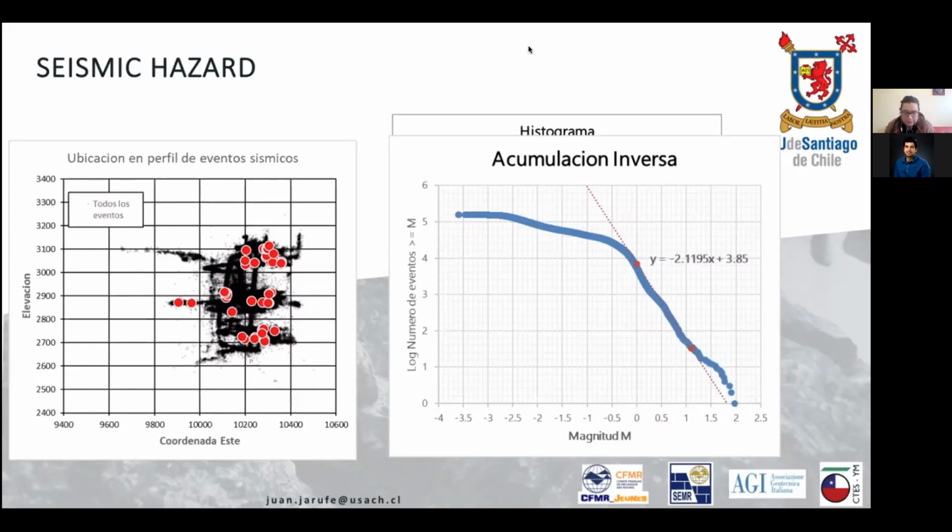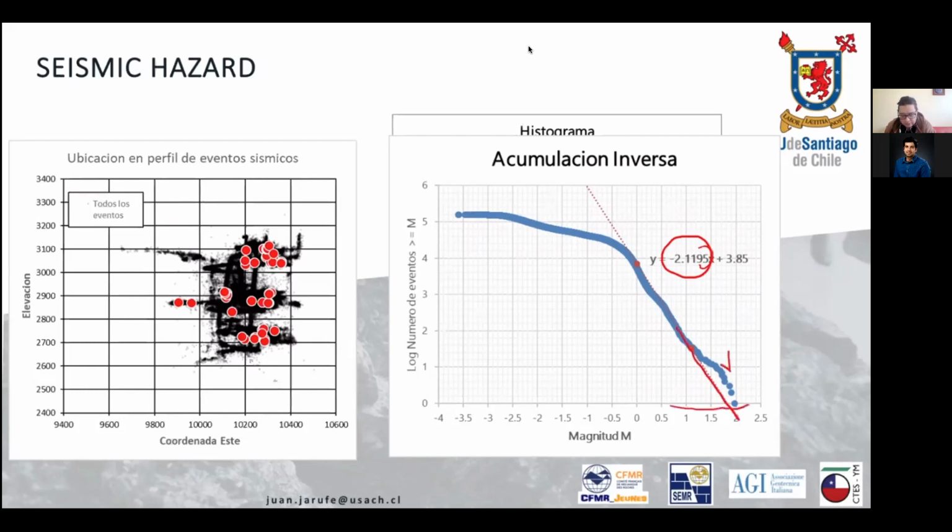Okay, and that is characterized by the b-value, that is the slope of this line, and the a-value, which is usually the intersection point of this line with this axis.